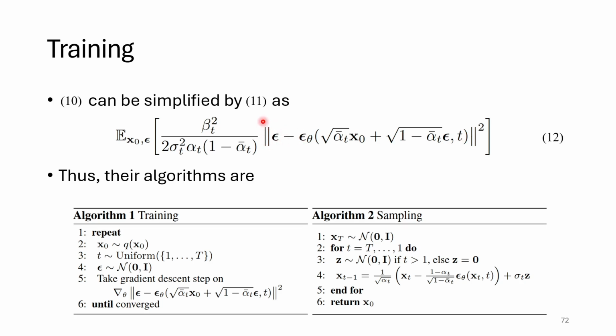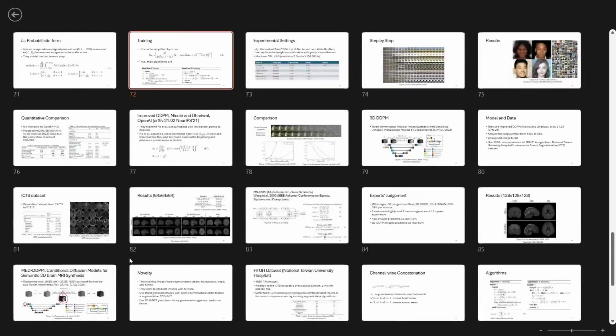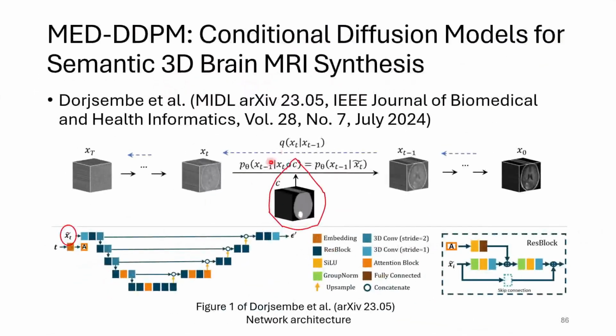Predict the epsilon, the noise, so that they can use the predicted epsilon and the noisy image at step t to reconstruct the previous step. And here, what they modify is they use the conditional factor.